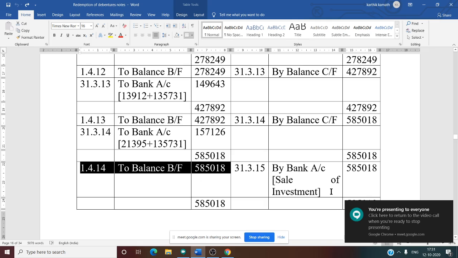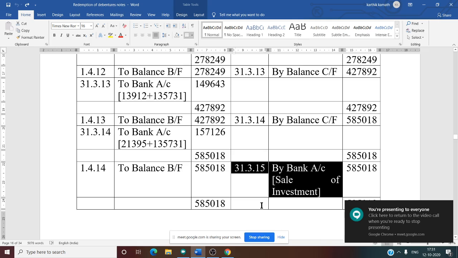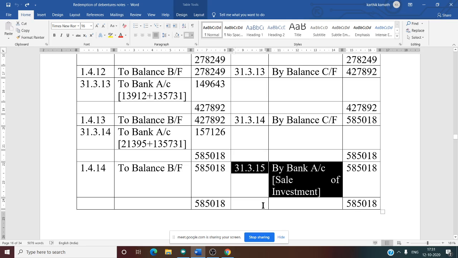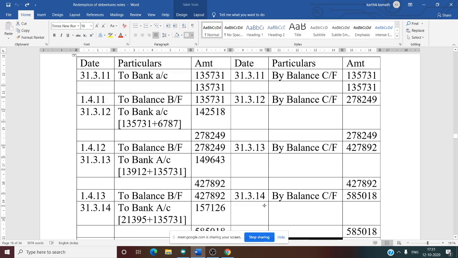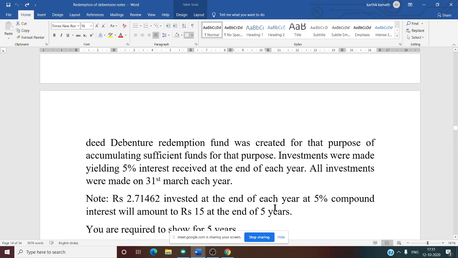Now we have written "by bank" on the credit side, sale of investment. But is any sale information given in the question? If you see the question, there is no information about a sale.